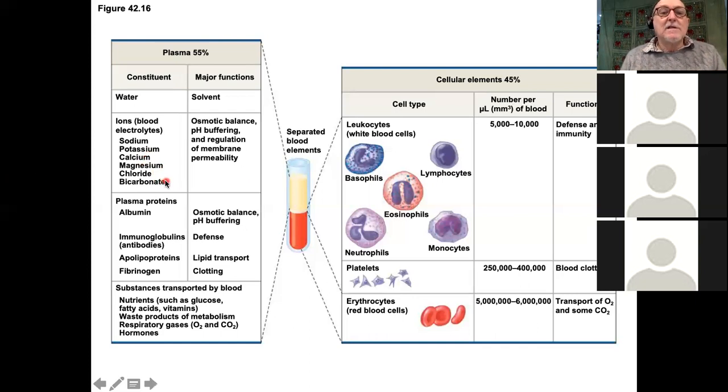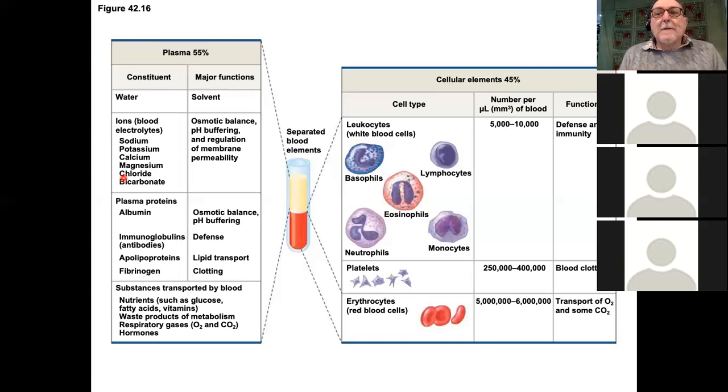Here are the various ions: sodium, potassium, calcium, etc., etc. But one of the ions which becomes tremendously important is this last one here, and that is bicarbonate. The bicarbonate ion has various functions in serum. First of all, it is a pH regulator.